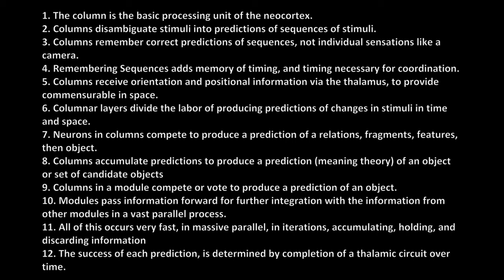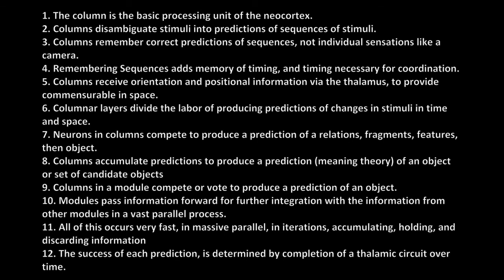Columns receive information and positional information via the thalamus to provide commensurability in time and space. Columnar layers divide the labor of producing predictions of changes in stimuli in time and space. Neurons in columns compete to produce a prediction of relations, fragments, features, and objects. Columns accumulate predictions to produce a prediction, meaning theory, of an object or set of candidate objects.